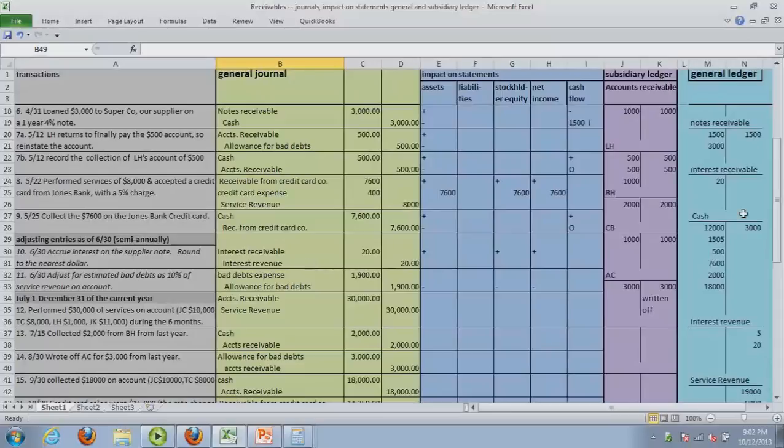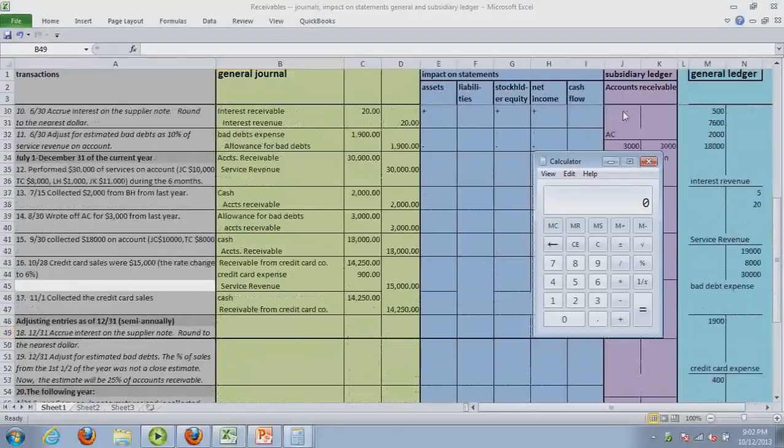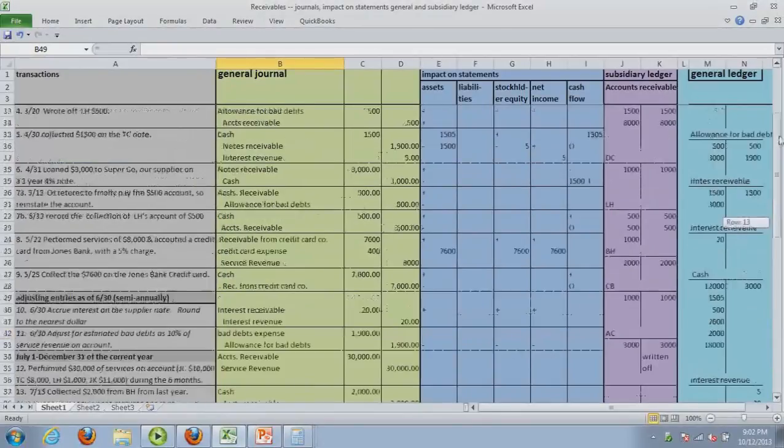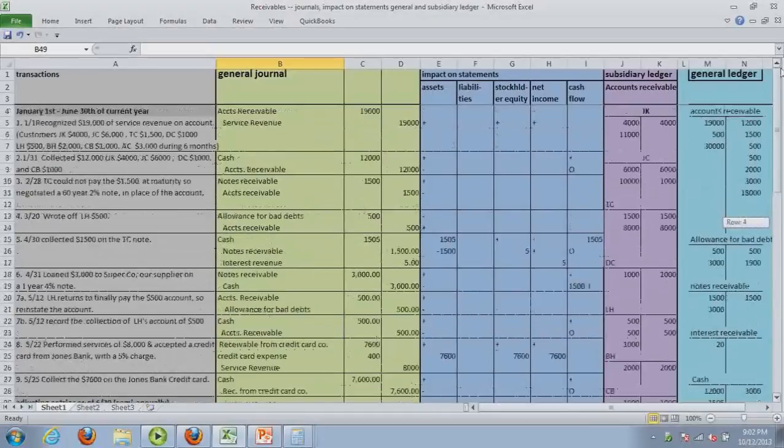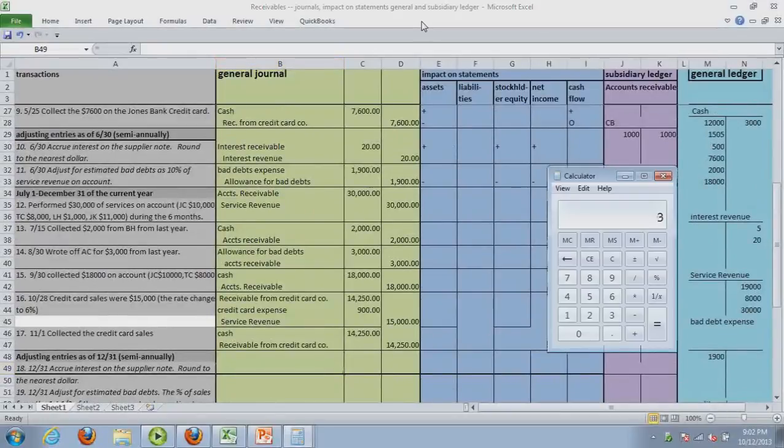Now we've held the note for the last 6 months. So if we do the math again, the note itself is 3,000 at 4%. Let's make sure. I know we had two different interest rates going. Okay, so 3,000 times 0.04 times 6 over 12. So we got a 6-month period, $60.